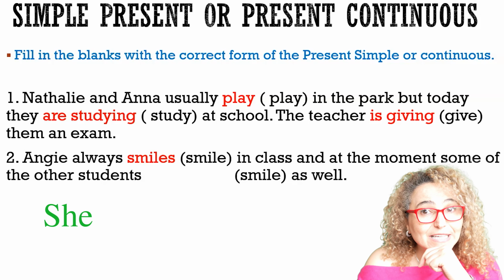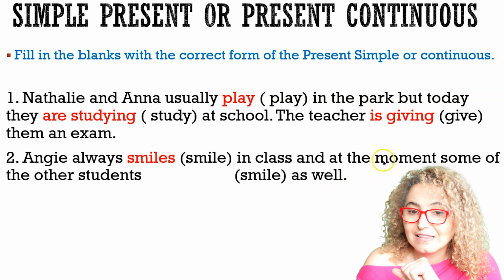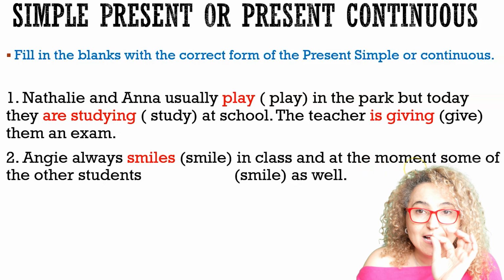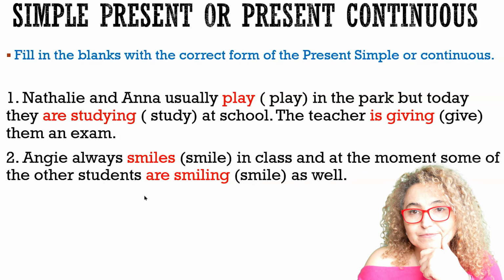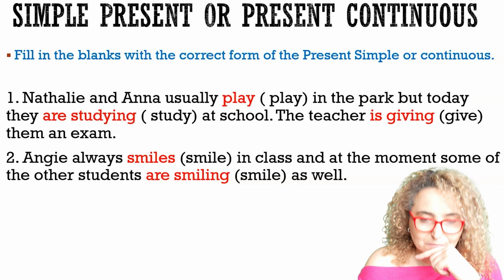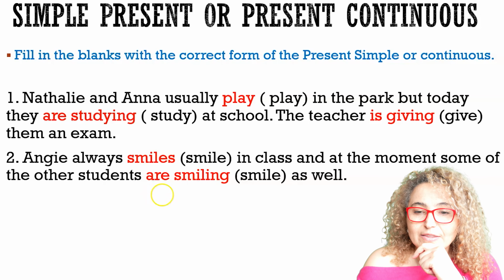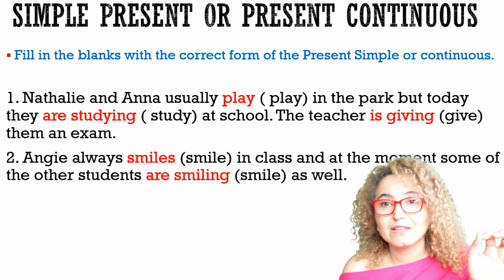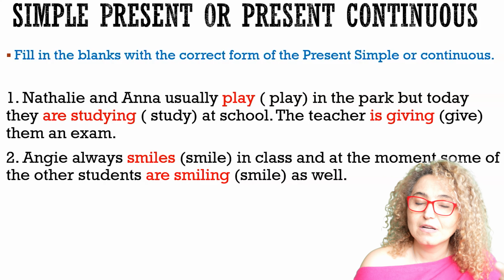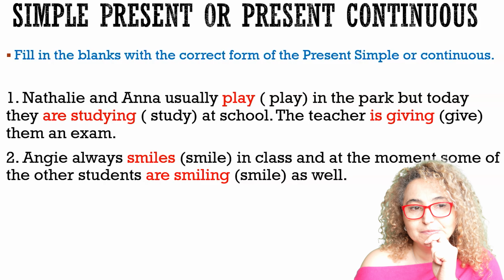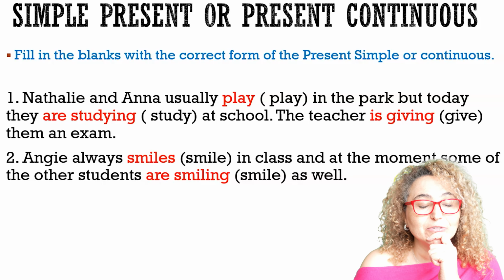I hope you guessed it right. And at the moment, this is the key word, at the moment. Some of the other students are smiling as well. The key word here is at the moment. When we see at the moment, when we see now, we know it's present continuous. I do hope you remember that from last lesson.